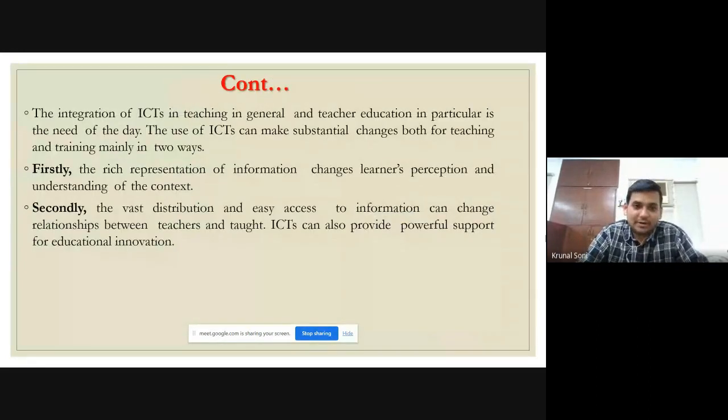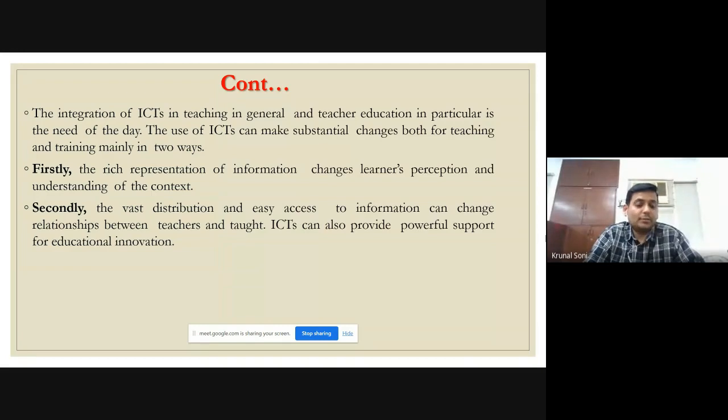The integration of ICTs in teaching in general and teacher education in particular is the need of the day, right? So in today's scenario, neither the students nor the teachers can survive or sustain in the market without the use of ICT tools, right? So both the parties compulsorily need to adopt these tools and technology as far as their teaching and learning process is concerned, right?